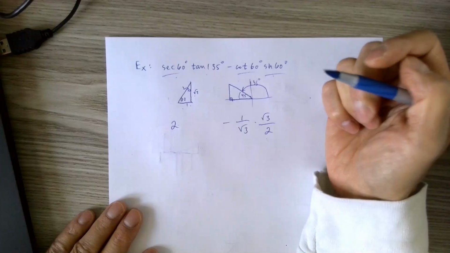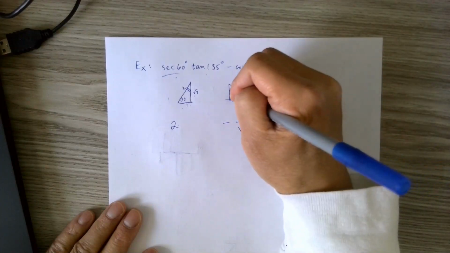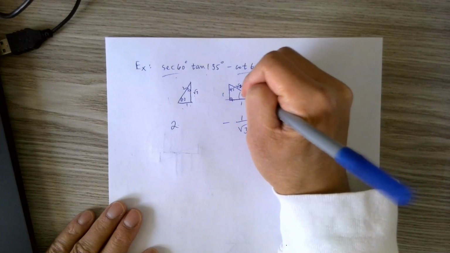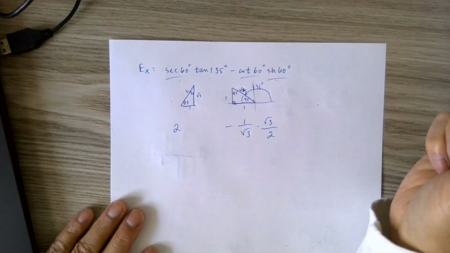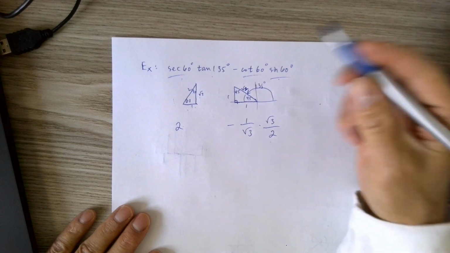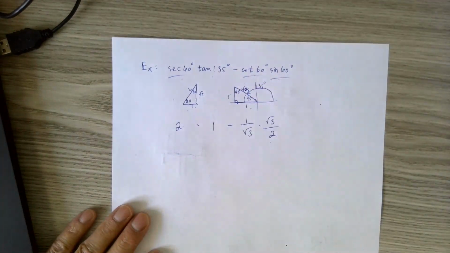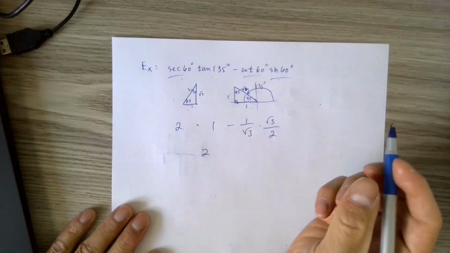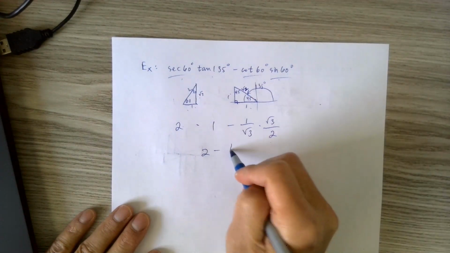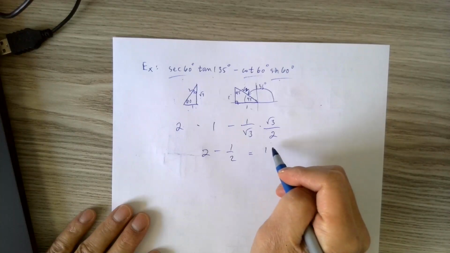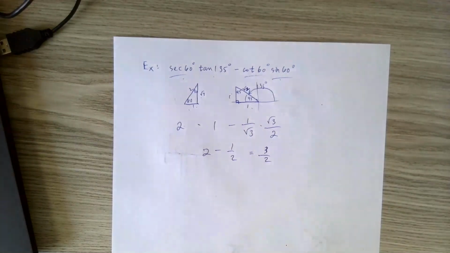So this one is a 45, 45, 90 triangle. 1, 1, rad 2, 2. And they want the tangent, 1 over 1. That's just 1. So simplify that. 2 minus a half, 1 and a half, or 3 halves.